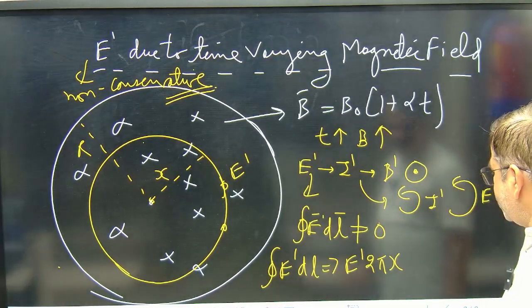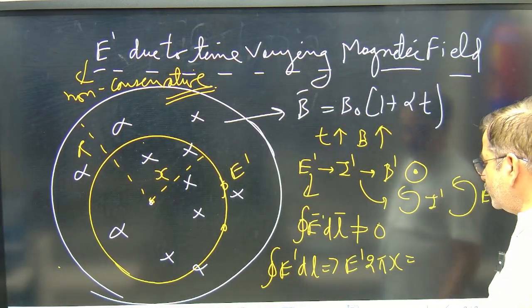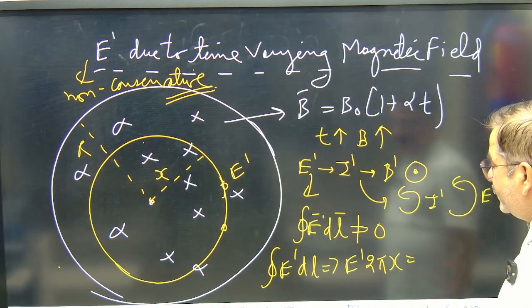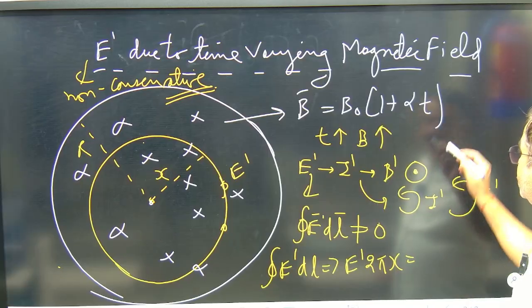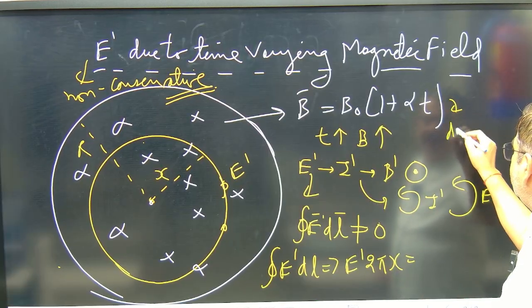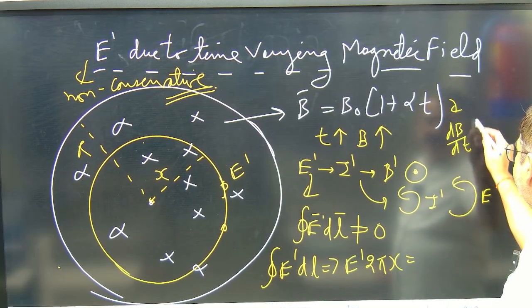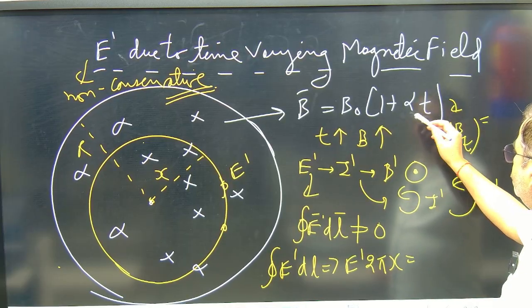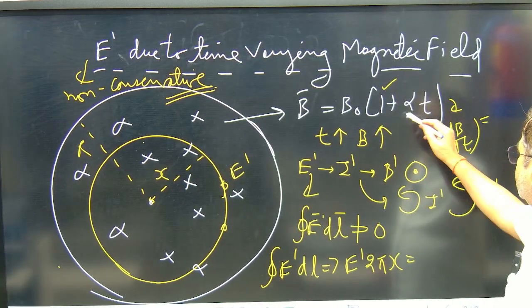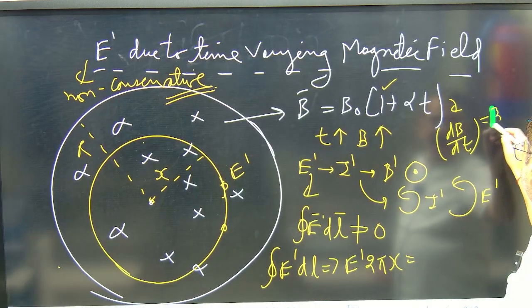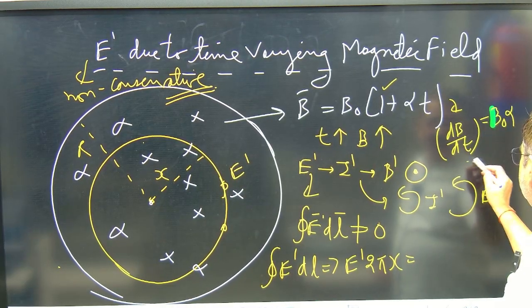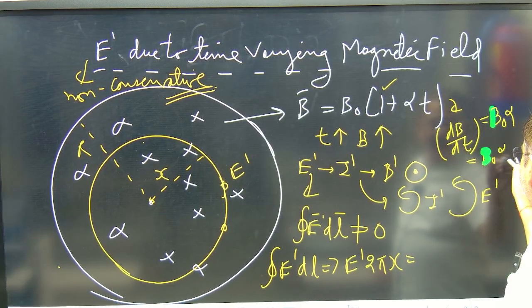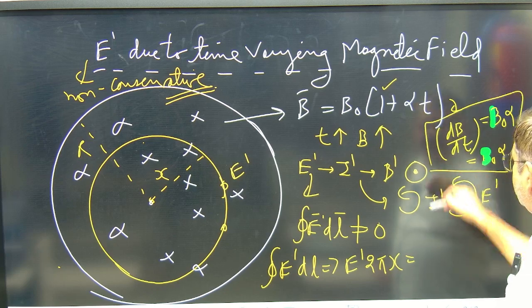E dash into 2 pi x is equal to the EMF. The EMF will be given by the flux change. For dB by dt, the B naught into alpha, the differential of the constant is 0, and of alpha t the result is B naught into alpha. So dB by dt is B naught into alpha.